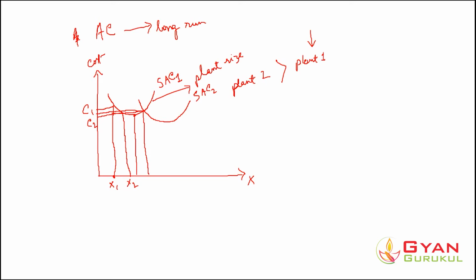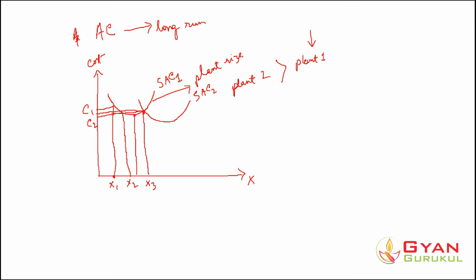Up to this point, say this is x3, it doesn't matter whether the producer produces in plant 1 or in plant 2, because the amount of cost would be the same. Both are at the intersection point.